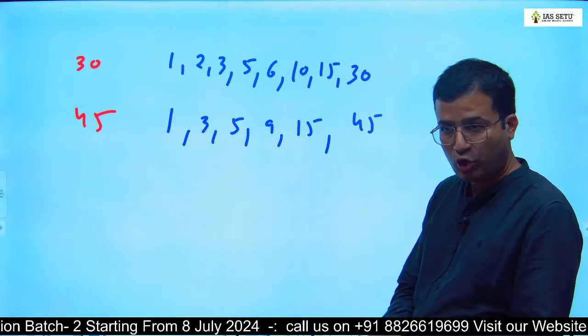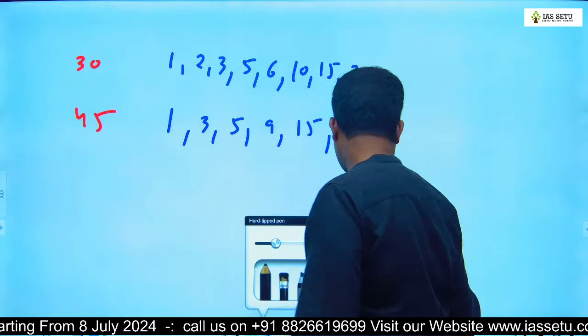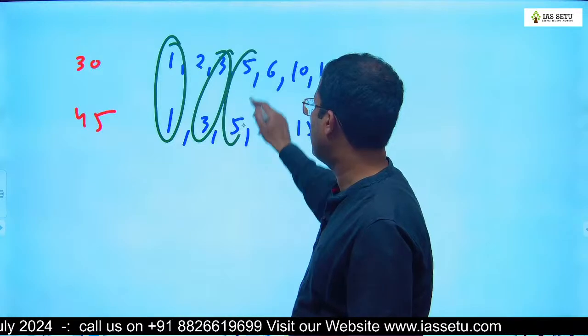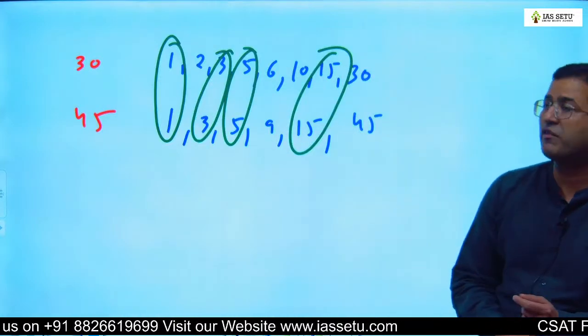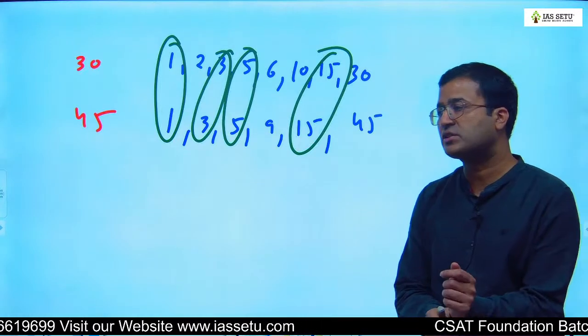Word is common factor. अब इनमें से कॉमन फैक्टर निकालेंगे. कॉमन फैक्टर हो गए आपके 1, 3, 5, 15. So out of 1, 3, 5, 15, the highest is 15. So 15 is the HCF of 30 and 45.